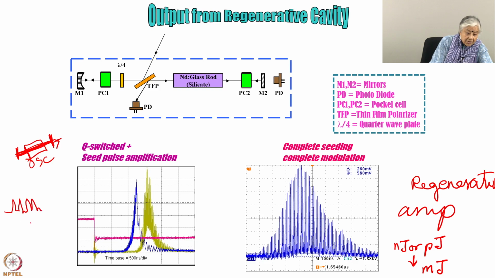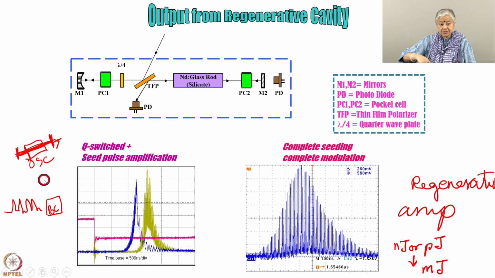At the end of it, I place a Pockels cell. And the moment this first pulse comes in here, I open the Pockels cell. Okay. And the moment the second one is trying to come in, I block off the Pockels cell.